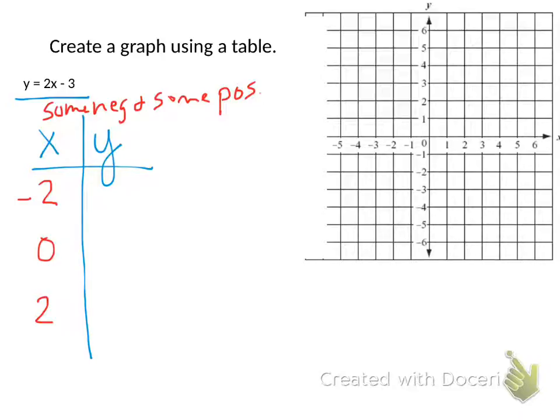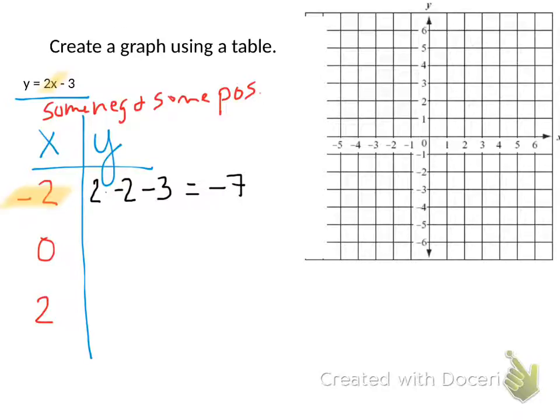So then, if you recall, we're going to take each of those values and we're going to substitute in for x to find out what y equals. So the first value we're substituting in is -2. So that means we're doing 2 times -2 minus 3. 2 times -2 is -4, minus 3 is -7.